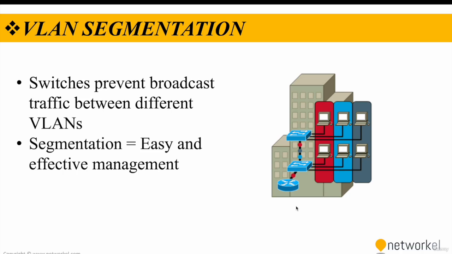Using a best practices approach to segmentation makes it possible to maximize bandwidth use while securing sensitive data. VLANs can be segmented due to traffic patterns, traffic types, geographic groups, or departments.